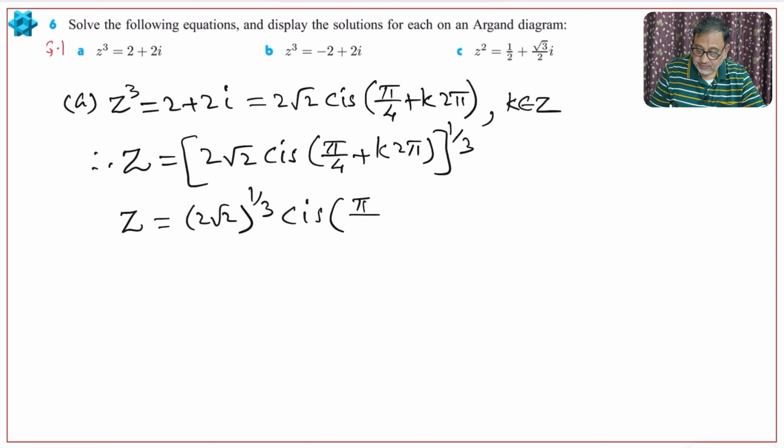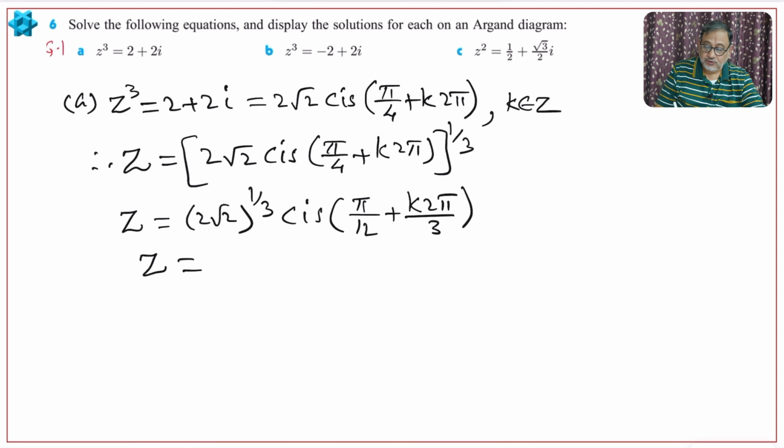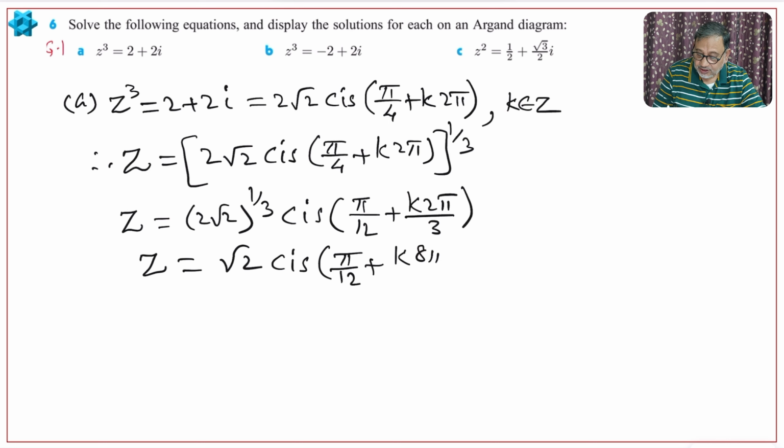So pi by 12, 4 times 3, and plus k into 2 pi by 3, okay. So this will be cube root of 2 root 2 is root 2, and cis I will write same denominator for both of them, pi by 12 plus I will multiply by 4, so k into 8 pi by 12, right, so that both the denominators are same.